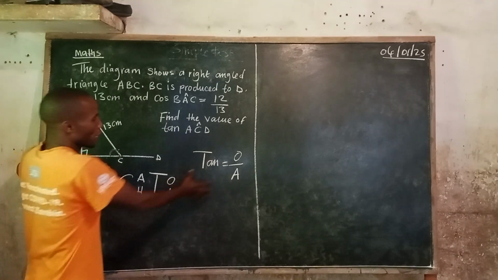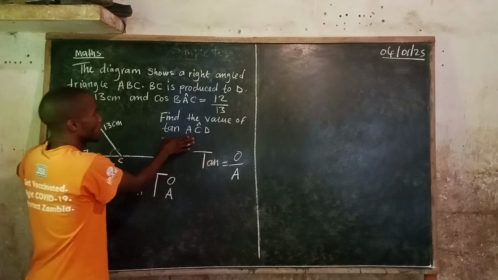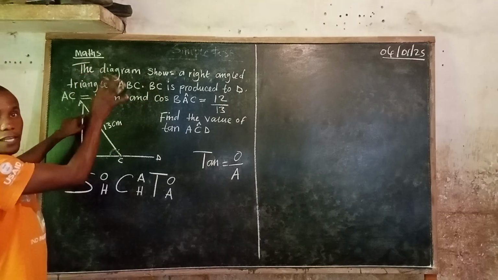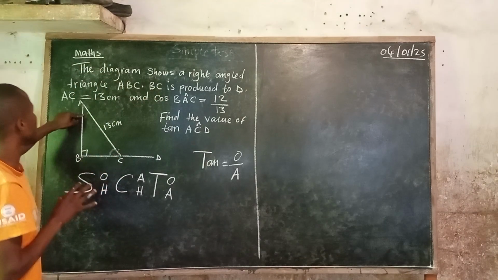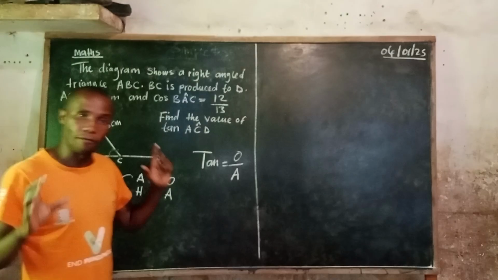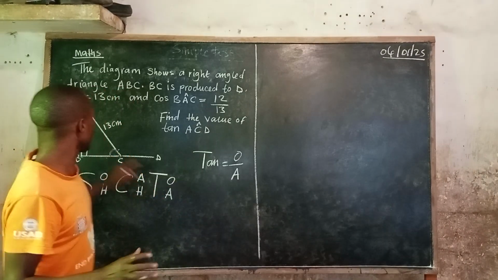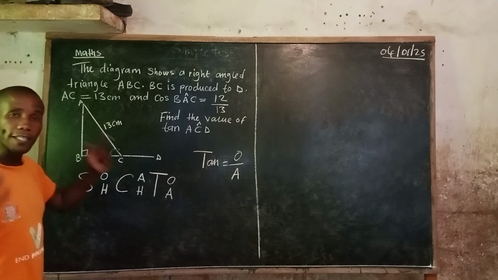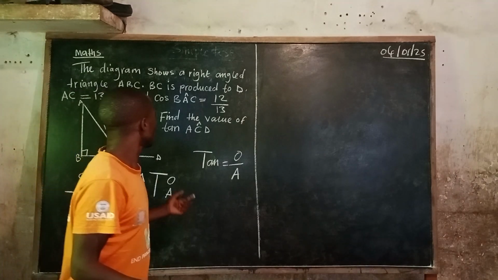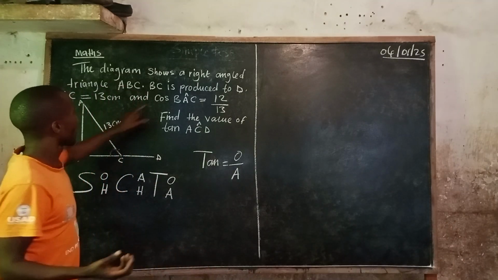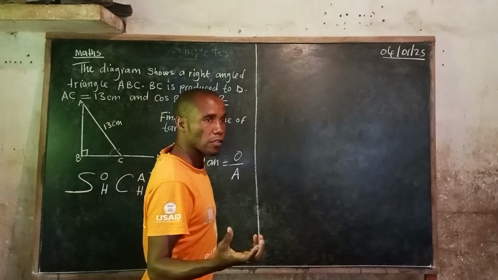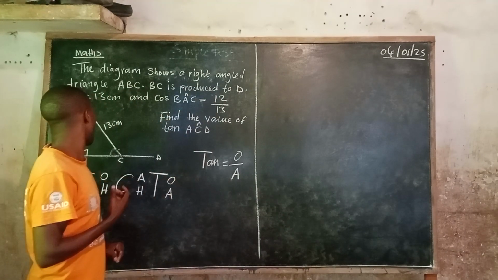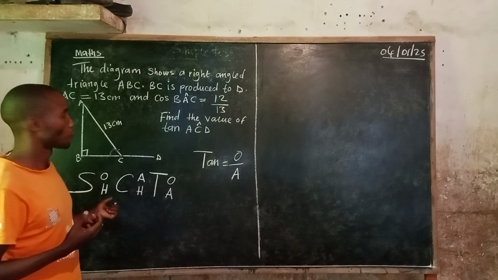Remember, I was just explaining on the actual question. Now, let me also explain on the statement which we are given so that we can see the side which we are given. Already, we know that we are given the hypotenuse, which is 13 centimeters. So, let's come now to this statement and see which one is the adjacent, hypotenuse, and also the opposite.